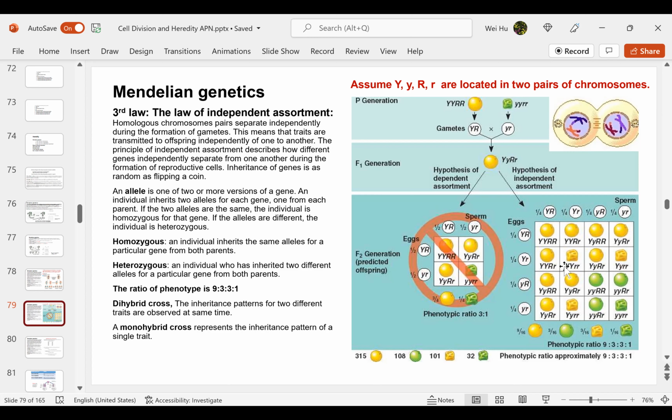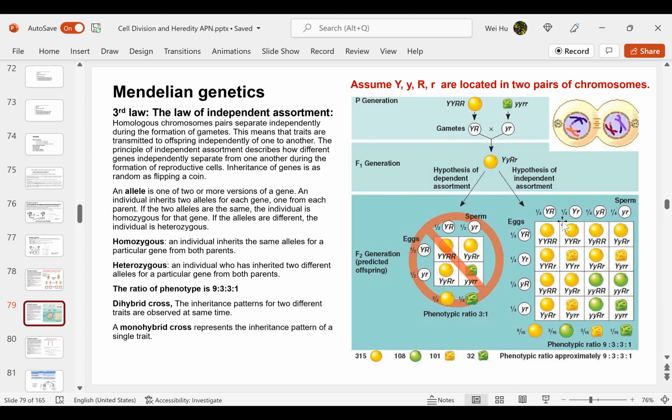That's why you have to do a Punnett square. Without this Punnett square, it's impossible, correct? Then what you get is you have the phenotypes, like 9, 3, 3, 1. So you have this different ratio, okay?